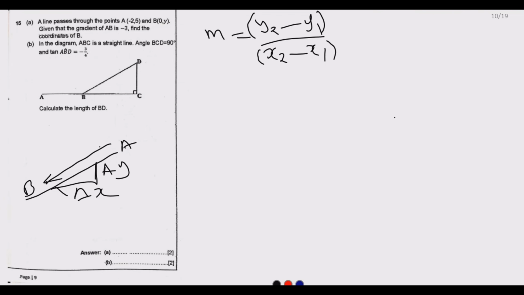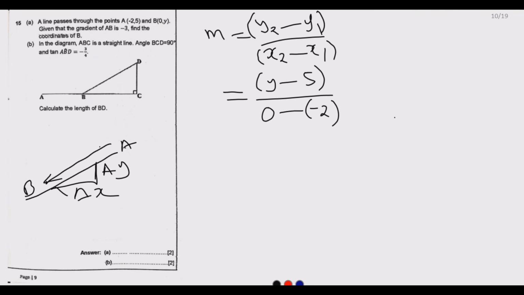In this case, B is our final position and A is our initial point. So the value of y at B is just y, minus the value of y at A, which is 5, divided by the value of x at B, which is 0, minus the value of x at A, which is -2.